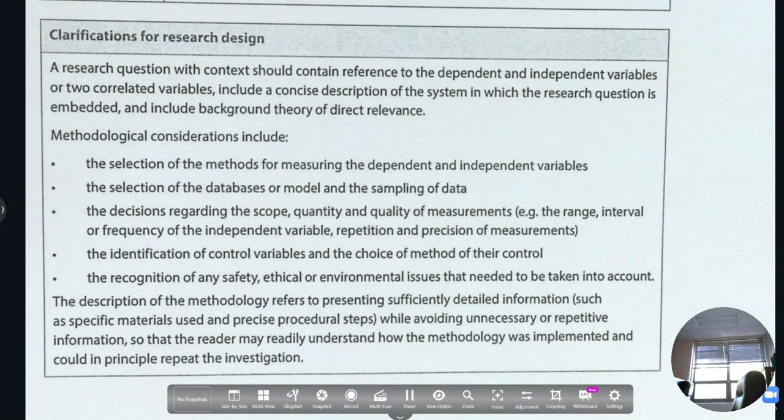Like I said last year, if you were doing something with electrochemistry, and I said your DV is the voltage produced by a voltaic cell, let's come up with a list of IVs: the concentration of the electrolyte, temperature of the electrolyte, the chemical nature of the electrodes, the surface area of the electrodes, the submerged surface area of the electrodes.